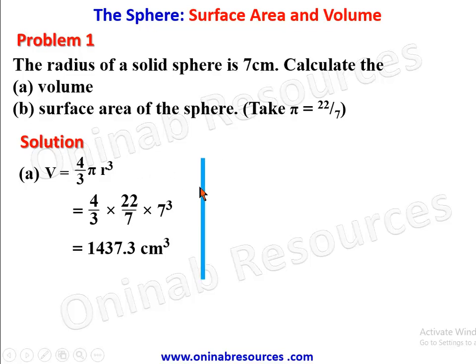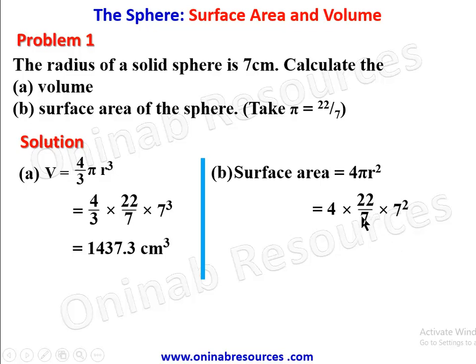Then we go to the B part of the problem. The surface area is 4 pi r squared, and substituting in pi to be 22 over 7 and radius to be 7, we have 4 times 22 over 7 times 7 squared.